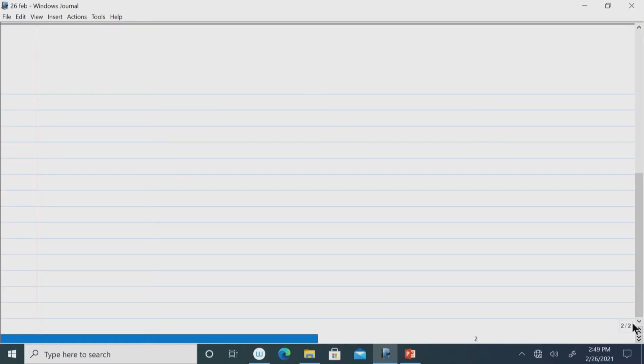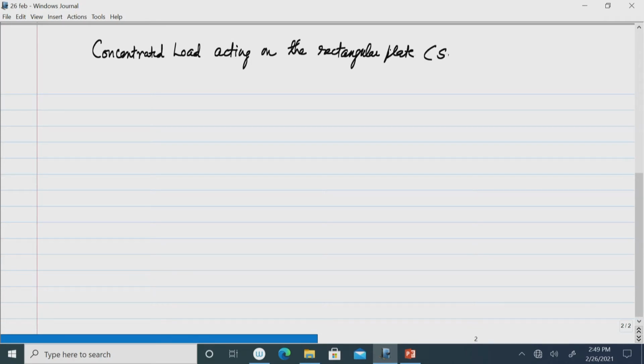So, the expression that we have earlier derived, from that we will start the influence of concentrated load acting on the rectangular plate. The rectangular plate is simply supported, SS means simply supported, along all edges. So, that is our boundary condition.